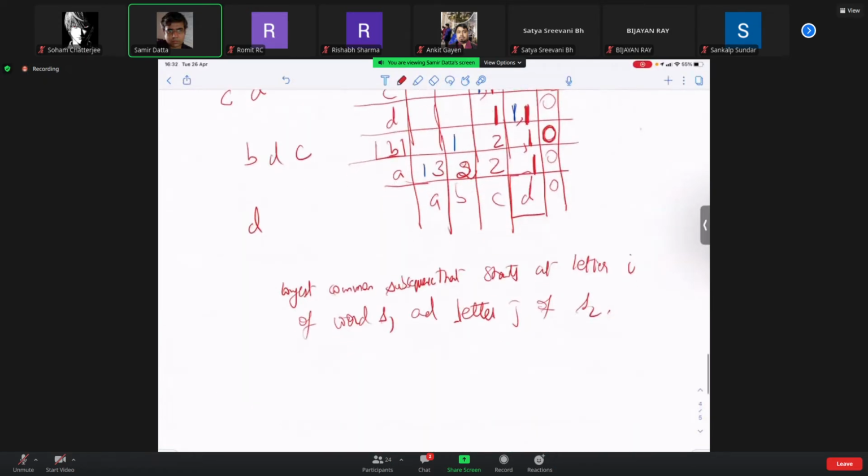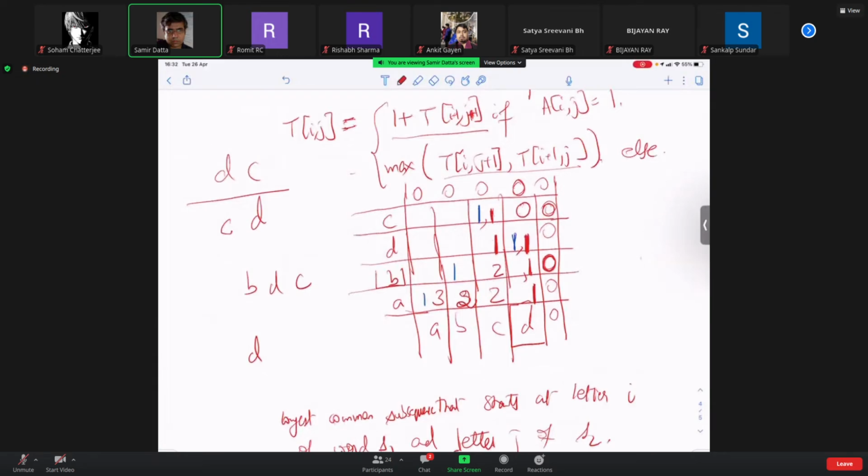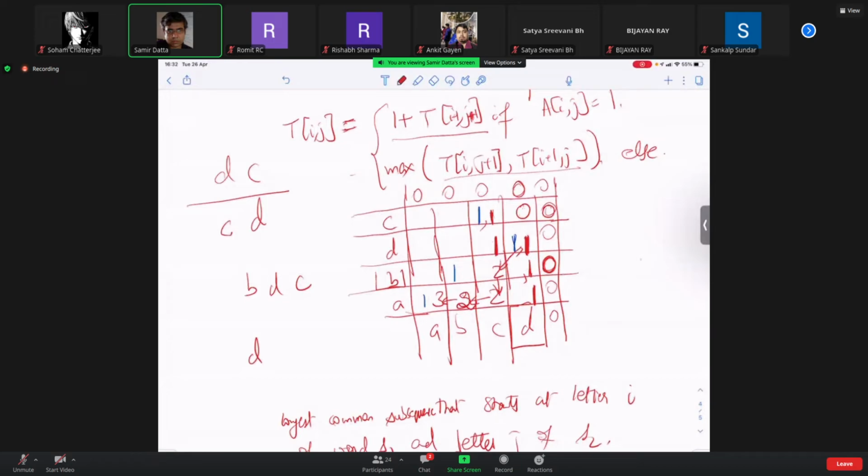Tell me. If you see that this 3 was increased, you look at where this came from, the path like this. Correct? So this 1 to 2 gives you the increase. This is D. This letter is common.